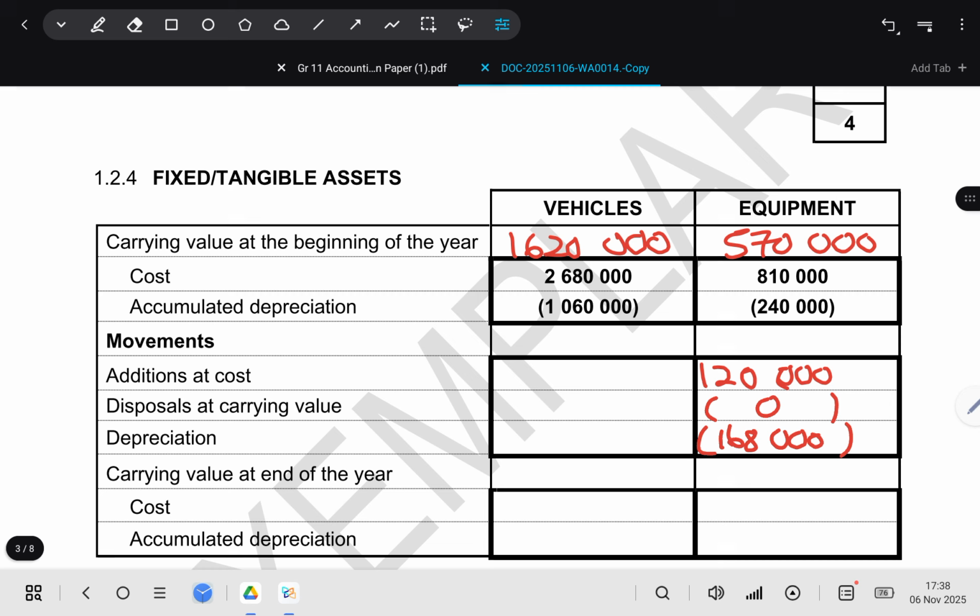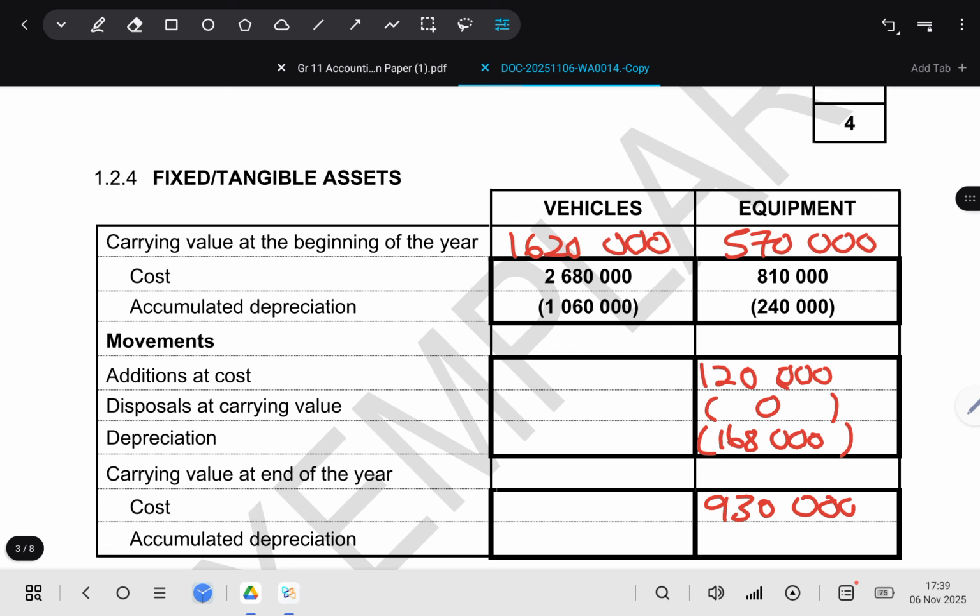Now, to get our cost price at the end, we are going to say 810,000 plus 120,000, which gives us a cost price of 930,000. And then from there, to get our accumulated depreciation, we're going to say 168,000 plus 240,000.